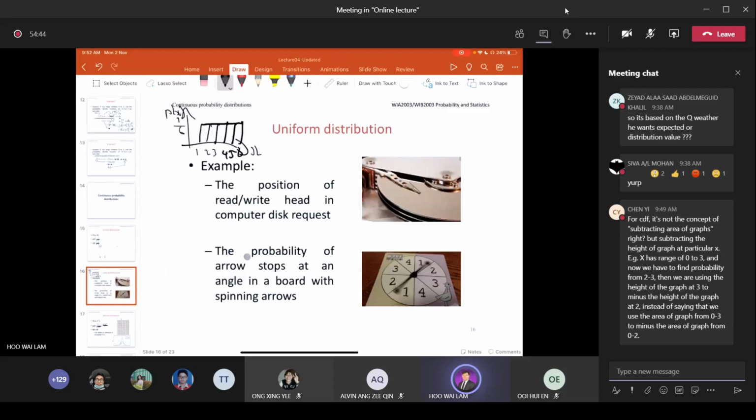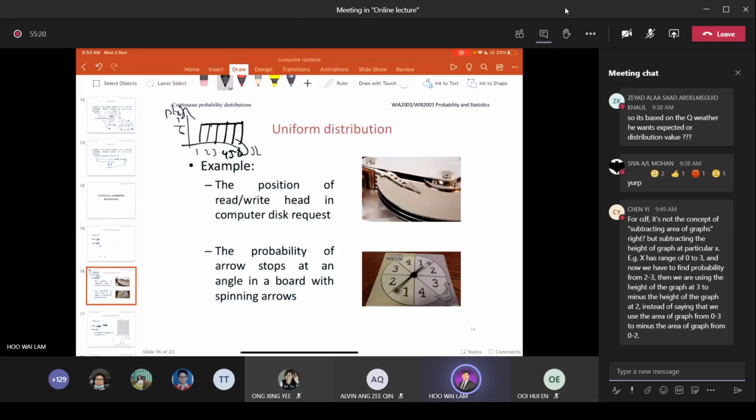Then there is the probability of an arrow stopping at an angle on a board of spinning arrows. Again it's the same, because it's like an independent event. You are not affected by your previous events, so it's quite possible to land on any single angle. But one example over here is you can also treat it as a discrete outcome, because you can change the way you measure probability to become the outcome of getting 1 or 2 or 3 or 4.